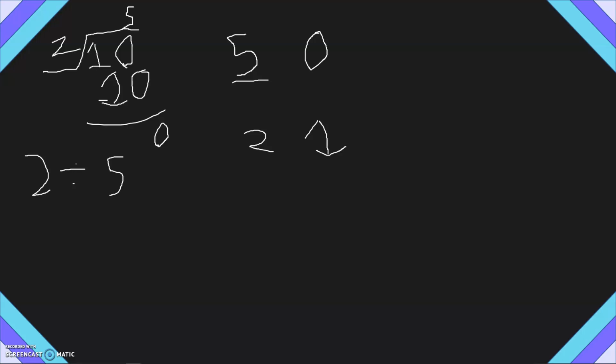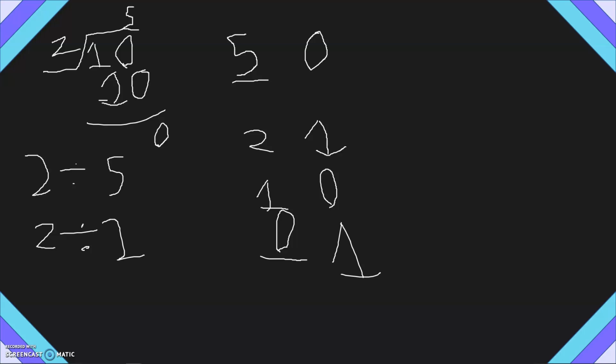Then we're going to do 2 divided by 2, which is 1, and then a remainder of 0. And of course, last but not least, 1 divided by 2 is 0, and now this place has become a 0 and a remainder of 1.